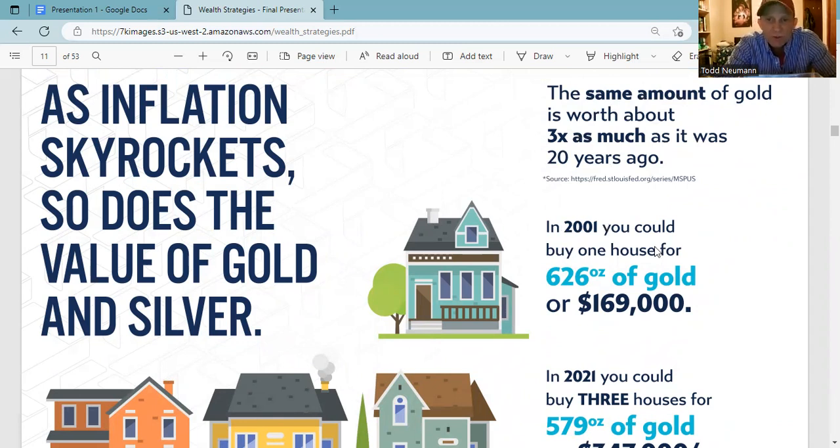In 2001, you could buy one house, just one, with 626 ounces of gold, something about like this. This is an ounce of silver. 626 could buy you a house, or 169,000 of these. But in 2021, 20 years later, take a look and see what gold can buy you.